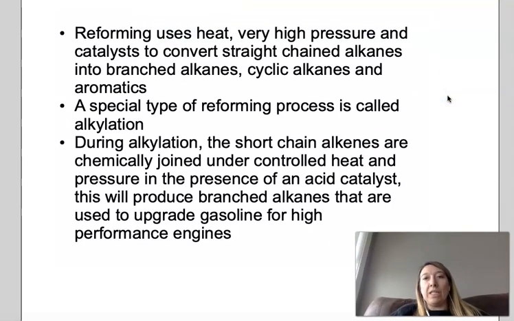So reforming uses heat, high pressure, catalysts, converts those straight chained alkanes either into things that are branched because we add things to them, right? We're reforming, or maybe we can turn it into something that's cyclic or something that's aromatic. Alkylation, we use heat, sometimes catalysts, and we can use that to make special types of molecules, okay?